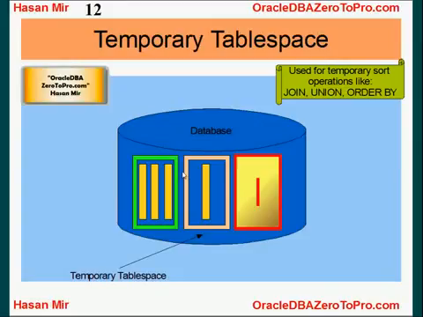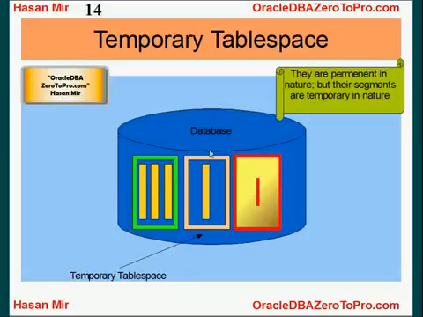So what DBAs usually do is create separate table spaces just for temporary sort operations, and they can assign these temporary table spaces to users, so that when they perform any join operations, sorting takes place in the temporary table space rather than system. Again, it's optional to create a dedicated temporary table space. By default, the system table space is used as the temporary table space.